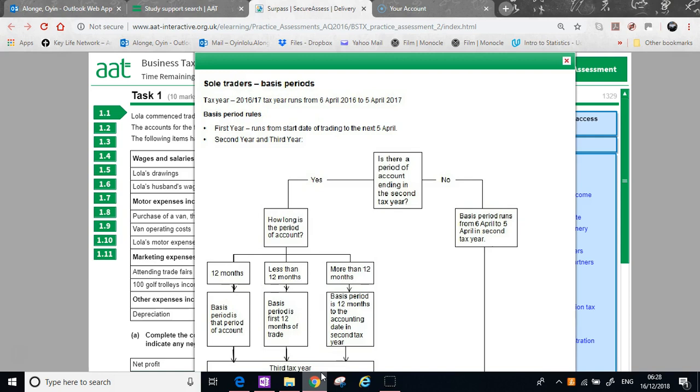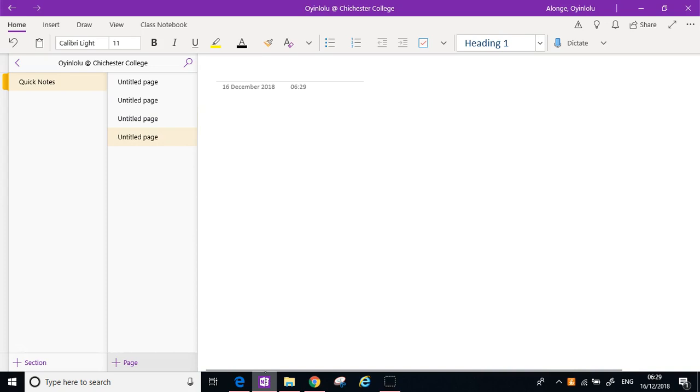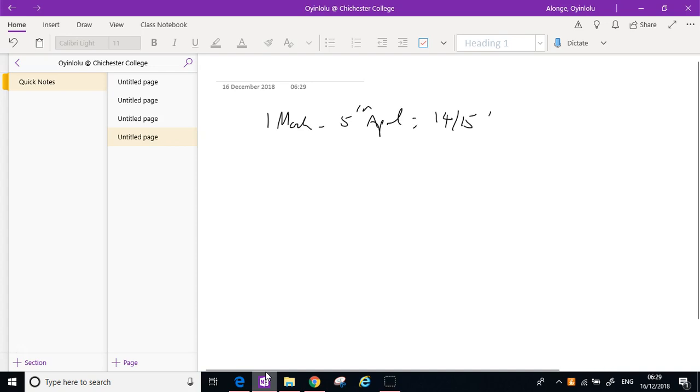But keep doing questions on it, and I'll try and find some more questions for you to do. So I basically answered the bottom part of that question first. The bottom part of that question is the 1st of March to the 5th of April. That's the first year. We're not asked for that. That's 14/15.